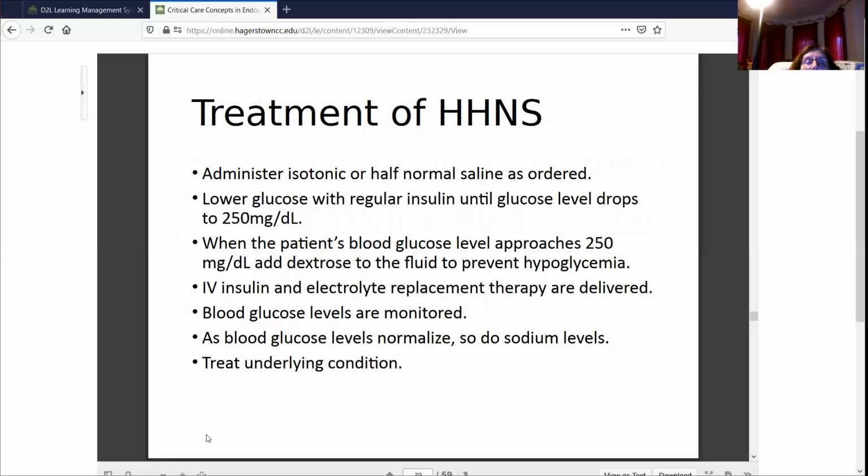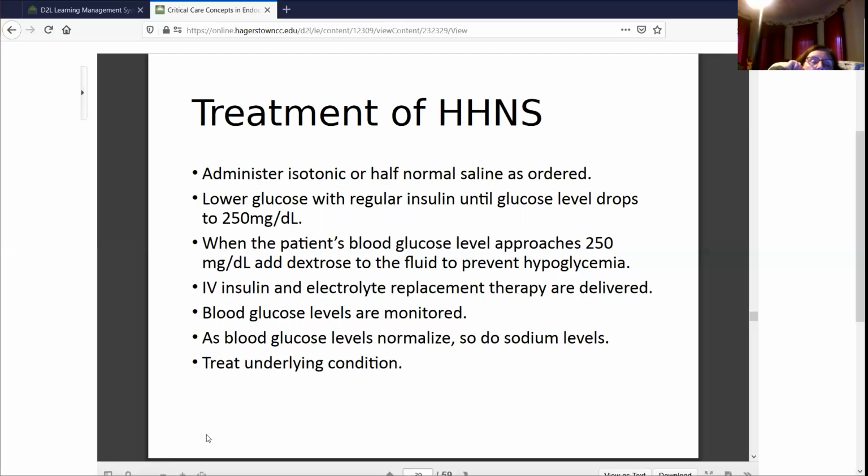Okay. Administer isotonic or half normal saline as ordered. Lower glucose with regular insulin until the glucose level drops to 250 milligrams per deciliter. When the patient's blood glucose level approaches 250 milligrams per deciliter, add dextrose to the fluid to prevent hypoglycemia. IV insulin and electrolyte replacement therapy are delivered.